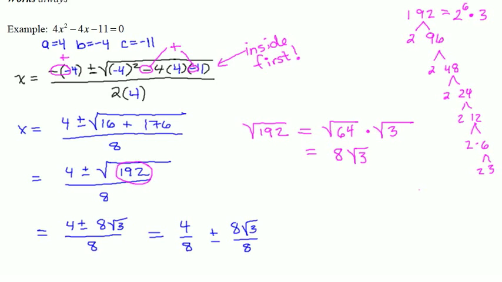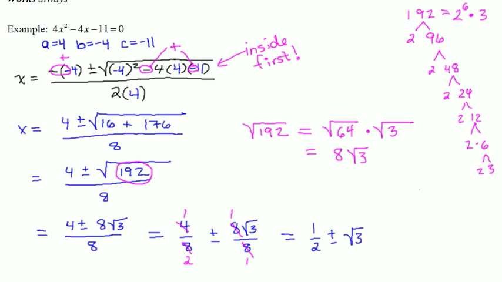So this first one, 4 over 8, of course, simplifies to 1/2, taking out the factor of 4. And this second one, 8 times the square root of 3 over 8, the 8's cancel out, leaving us just the square root of 3. So this is going to be 1/2 plus or minus the square root of 3.